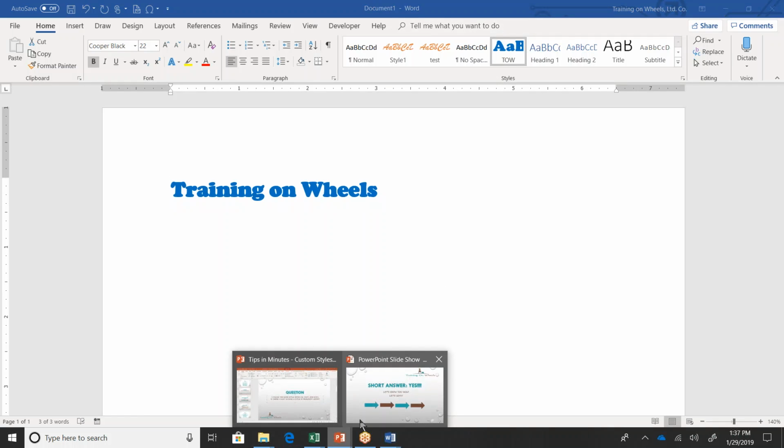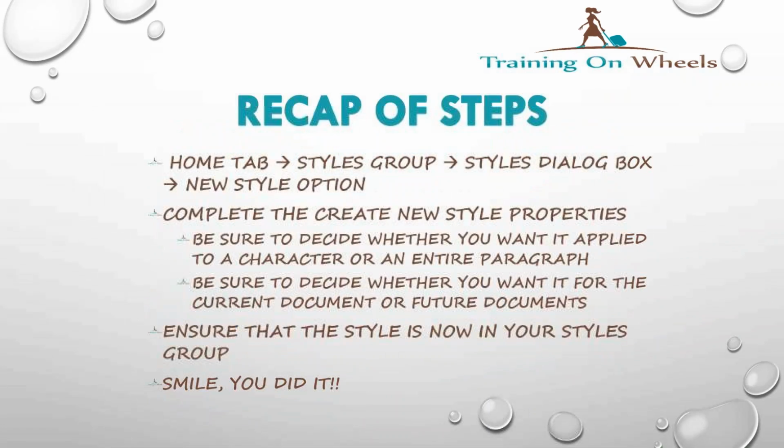Let's recap. All right. So in order to make sure that you're successful, what you want to do is start by highlighting the text, going to the Home tab, Styles group, Styles dialog box, all right? And then we're going to select the New Style option. Make sure that you complete the New Style properties, all right? This is very important.